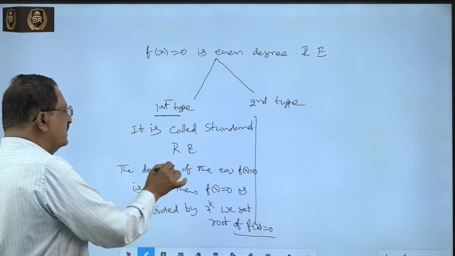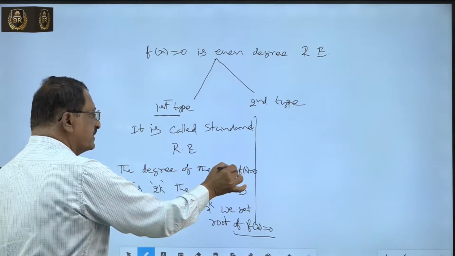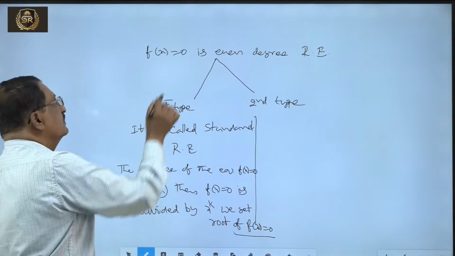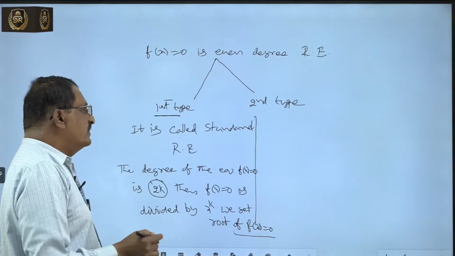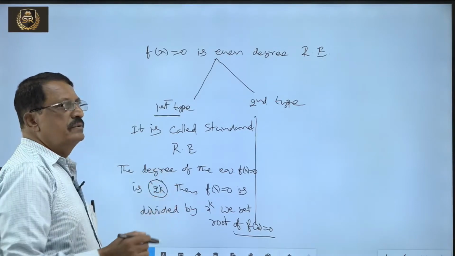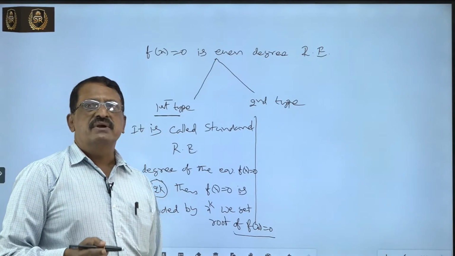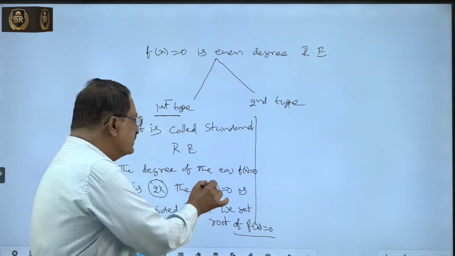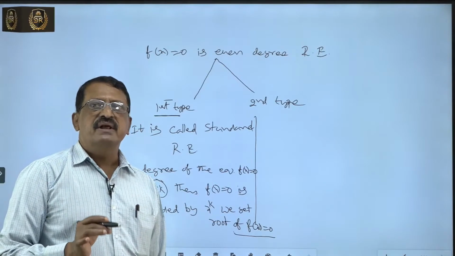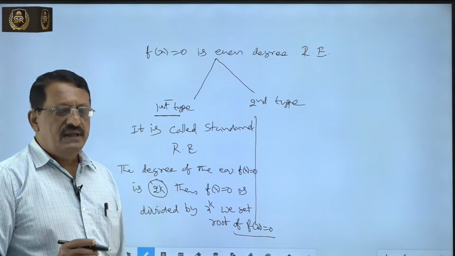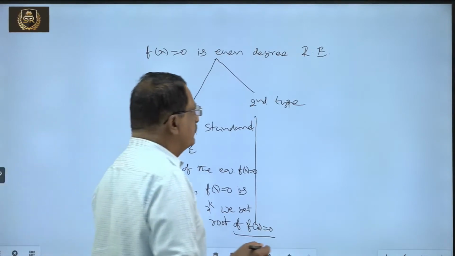The degree of the equation is 2k because it is even degree. If it is a fourth degree equation, 2k equals 4, so k equals 2, meaning the equation f of x equals 0 is divided by x square, then we get the roots of the equation.